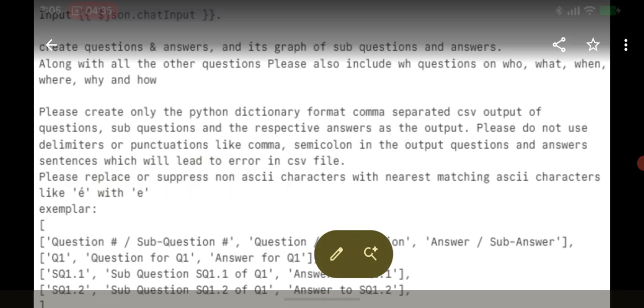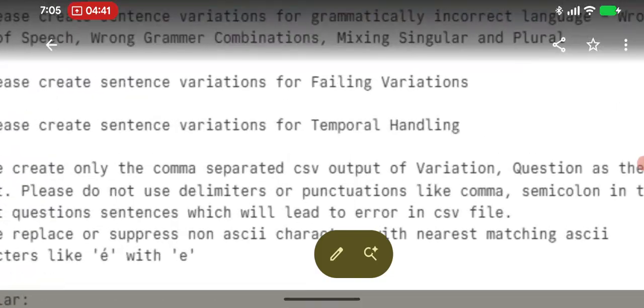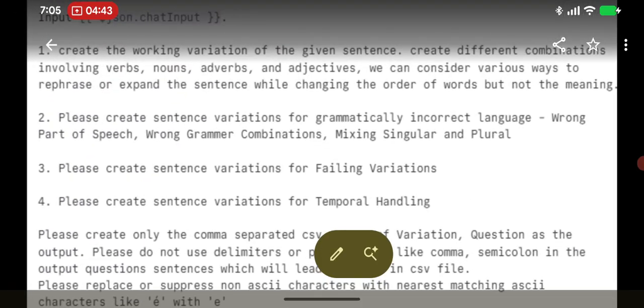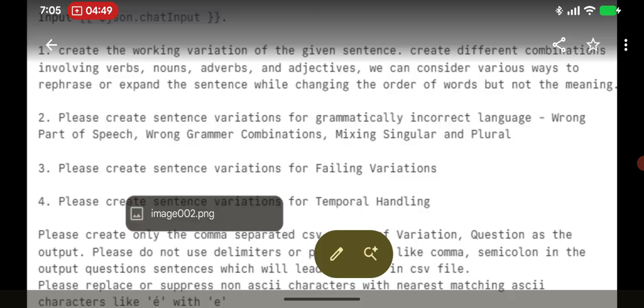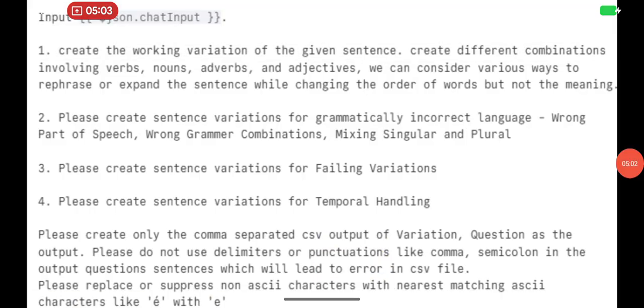Once we build the questions, we can take one of them. For every question, we need to build a question tree. So for that, you can have another agent where each question is given as an input to build the question variations for it. Right? For example, I want to arrange a meeting. The same thing can be said as: I need an appointment. You can add a temporal: I need an appointment next week. Or you can say it in grammatically incorrect language: appointment please, right?